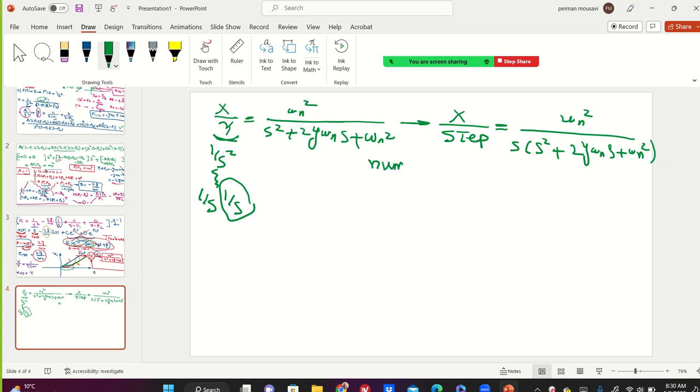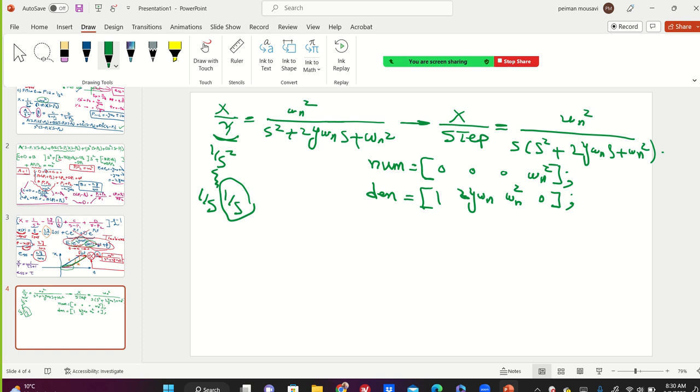So your num is going to be 0 0 0 omega n squared. Your den is going to be 1, 2 zeta omega n, omega n squared, and there is no constant number here, and 0. Third order system. See what I'm saying?